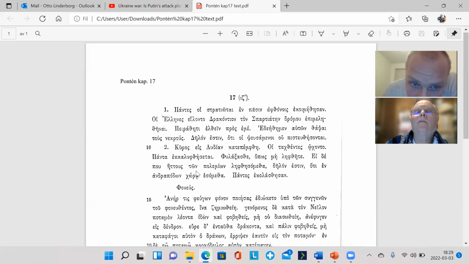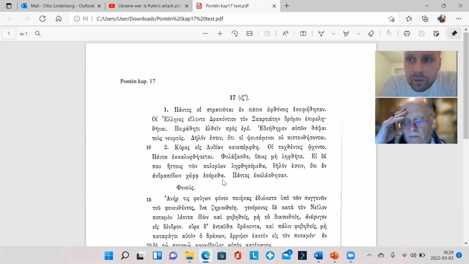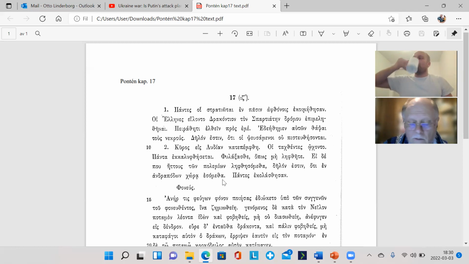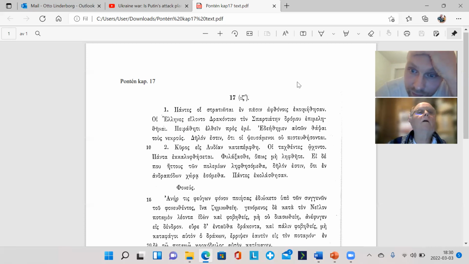So if we start with the predicate again here, this esometha, what does it mean? It's first person plural. We will be, is it? Yeah, exactly. We will be. Yeah. Chora is land.